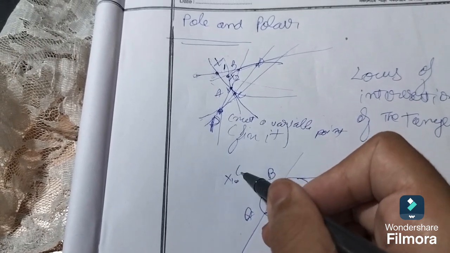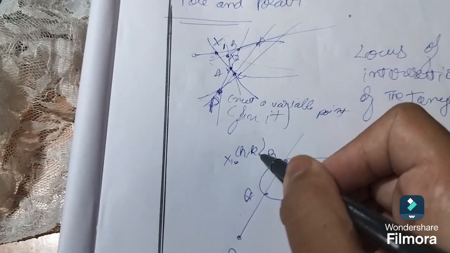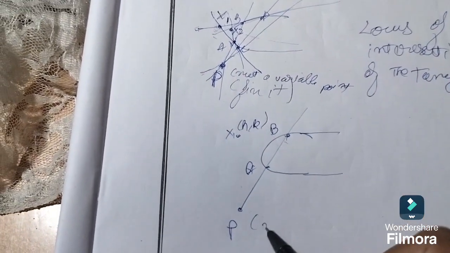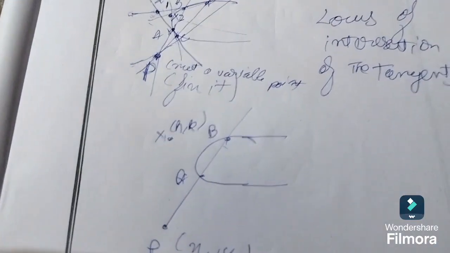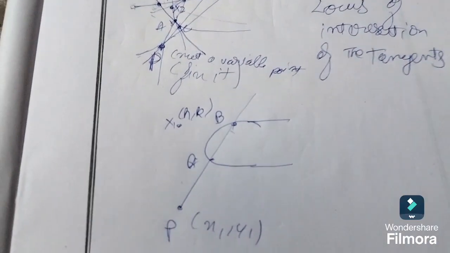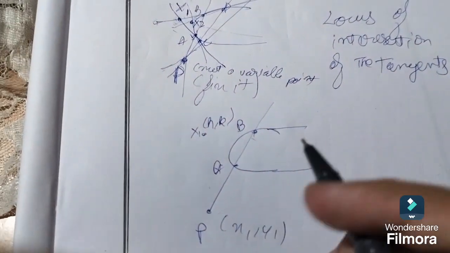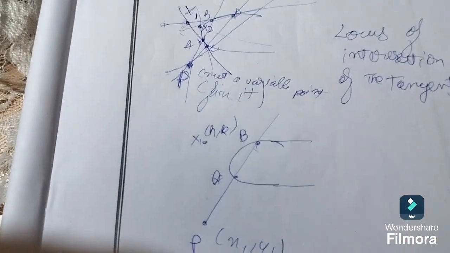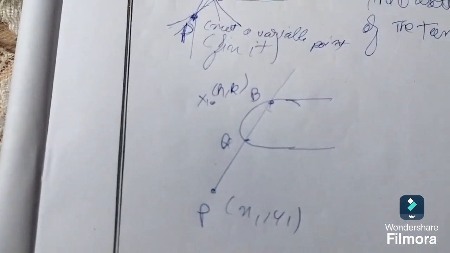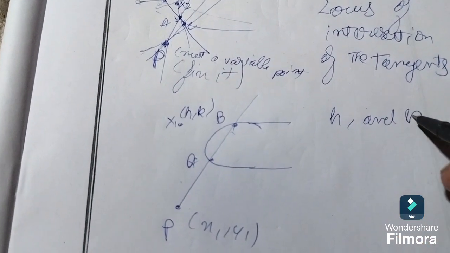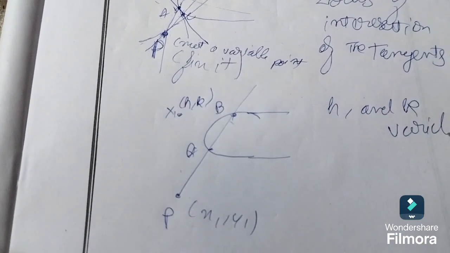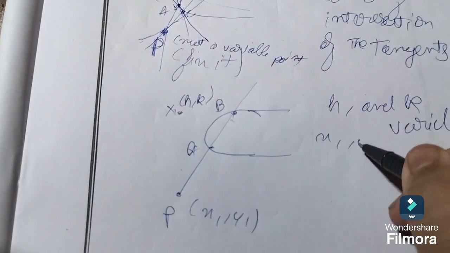Let us say that this is h, k. Now this is a fixed point. Let us hold x1, y1 as this, and this is h, k, the variable point. h and k are variable, x1, y1 constants.